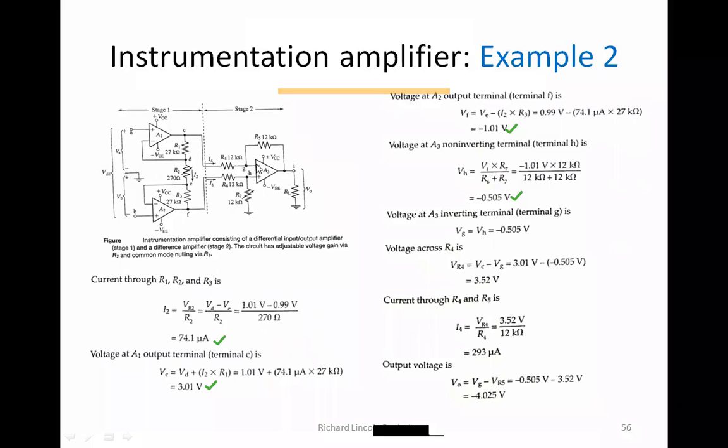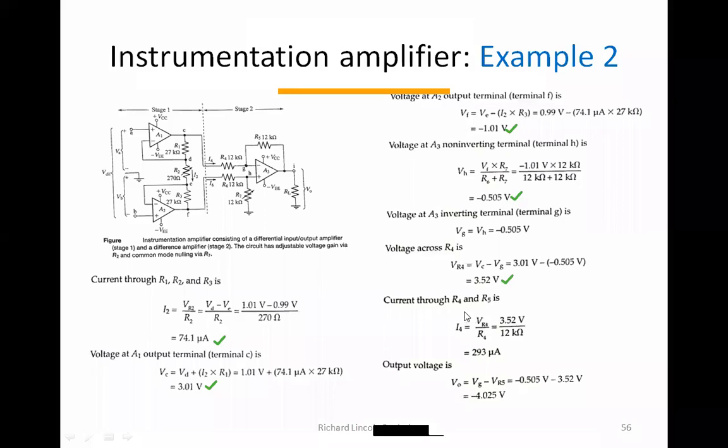So I'm subtracting two potentials, so I will know my exact voltage across R4. I have 3.01 pre-calculated and this minus 0.505. Minus minus becomes plus, so 3 plus half, it's about 3.5.